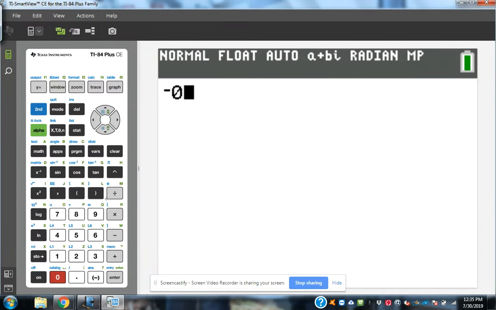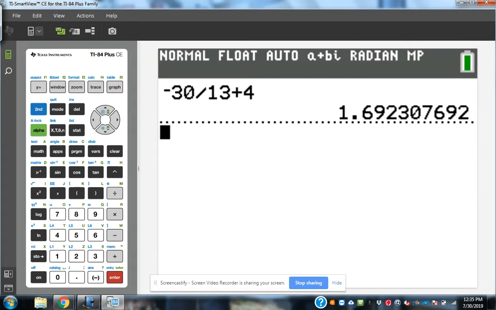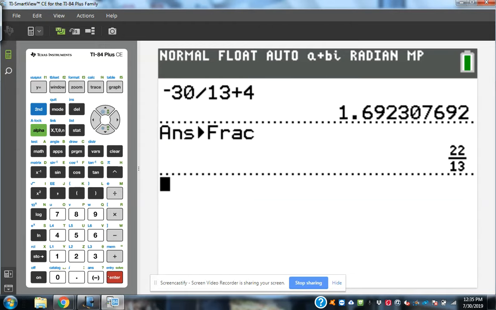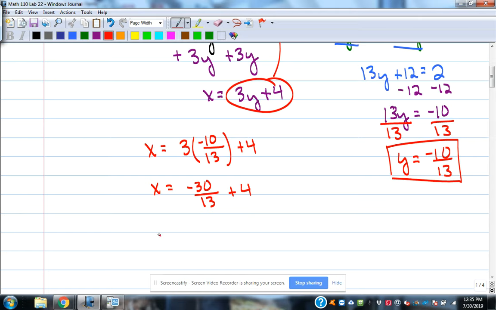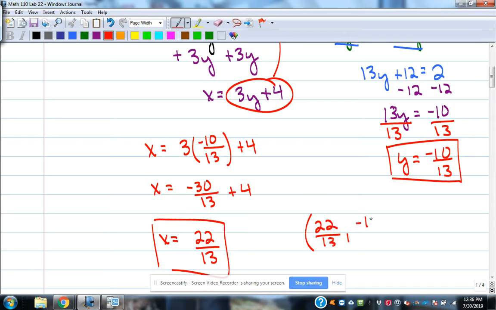Negative 30 over 13 plus 4. Math, enter, to get a fraction result of 22 over 13. So we have an ordered pair solution: 22 over 13, negative 10 over 13.